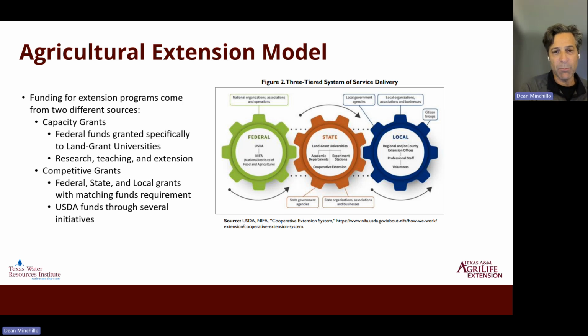Some of them will only be for universities, others will be for other entities that want to apply for these grants. But generally in our area, as extension specialists, we usually are applying for competitive grants, a lot of it through USDA.